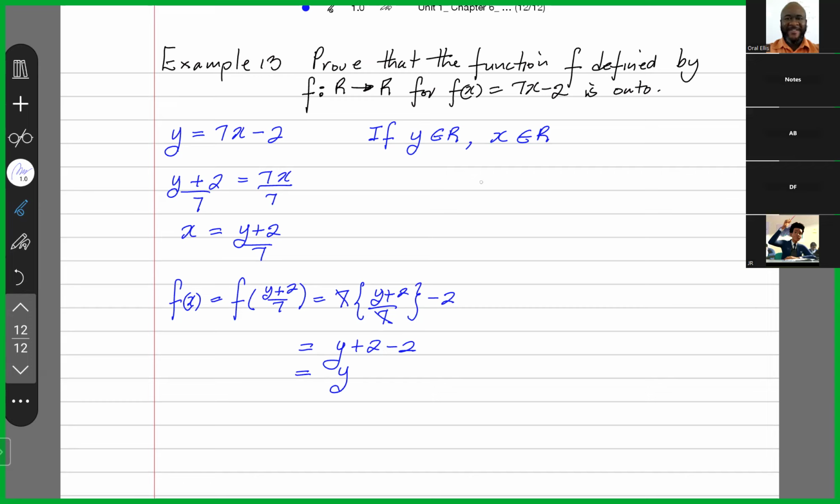So therefore we can say for all y in the codomain of f, there is a corresponding value x in the domain.